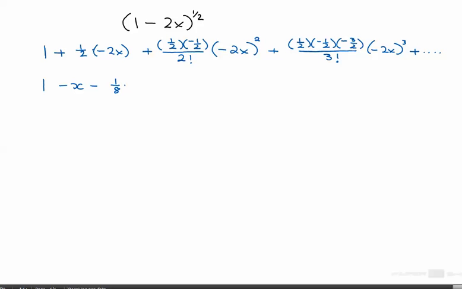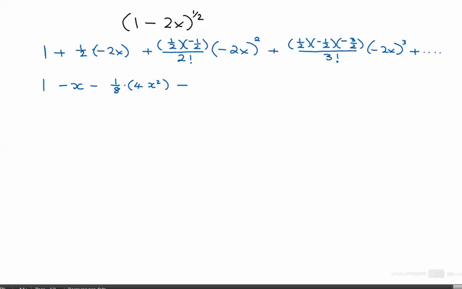But then we've also got to remember we're squaring the 2, so that'll be 4 and then x squared, and I'll simplify that later. So the next term, let's see if it's going to be positive or negative. I've got a minus 2 cubed, which is minus. I've got a minus a half and a minus 3 over 2, which together make positive. So all together there, we've got minus.